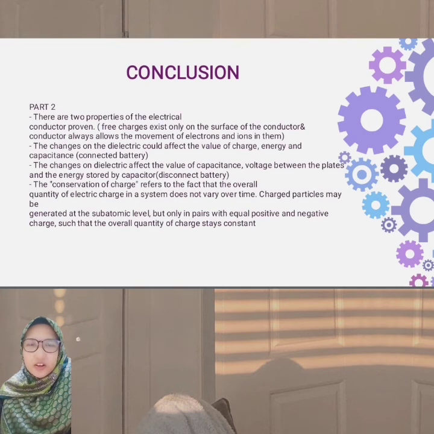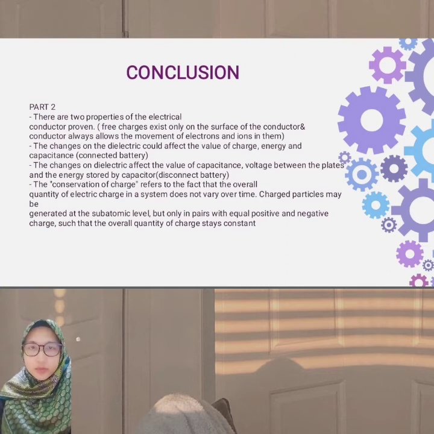Okay, for the conclusion of part 2, we found that two properties of the electrical conductor were proven. That is, free charges exist only on the surface of the conductor, and conductors always allow the movement of electrons and ions in them.